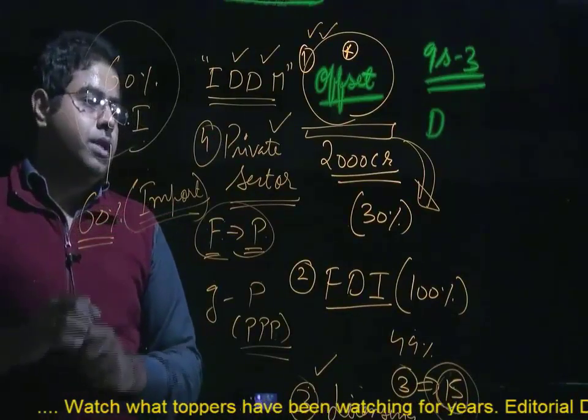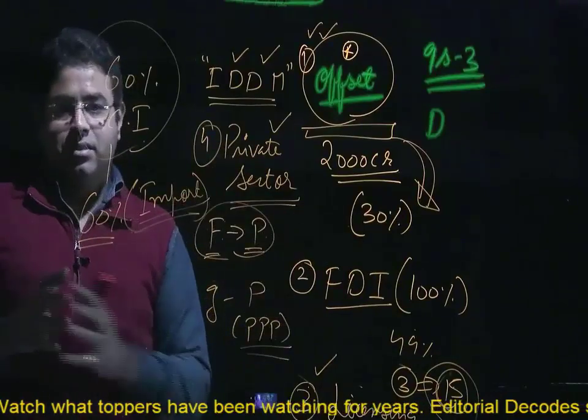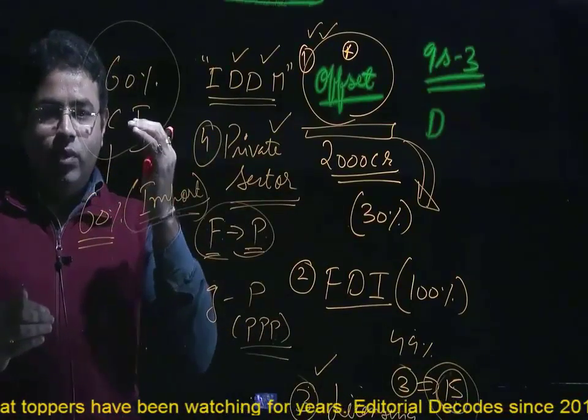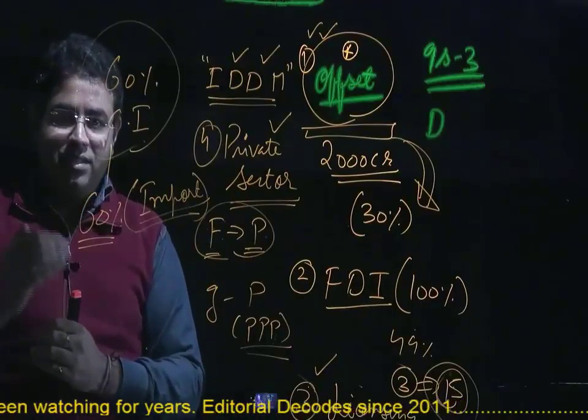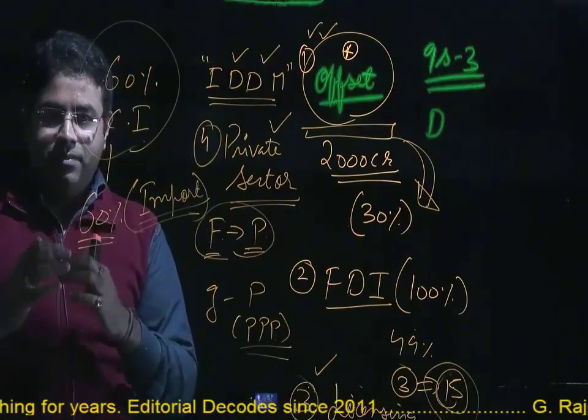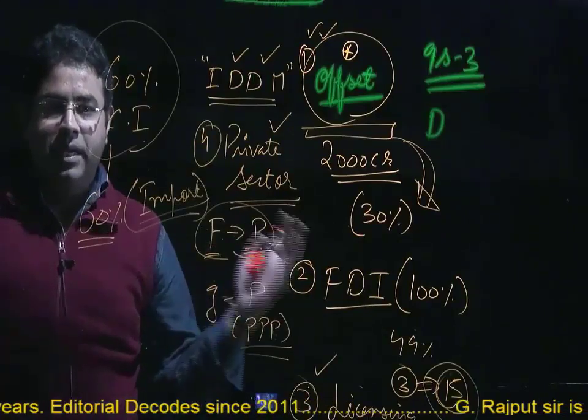So as far as today's editorial is concerned, it is about the fact that we are spending less in comparison to China on the defense sector, and the spending should actually be increased.